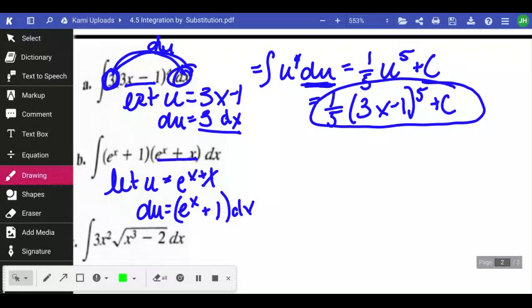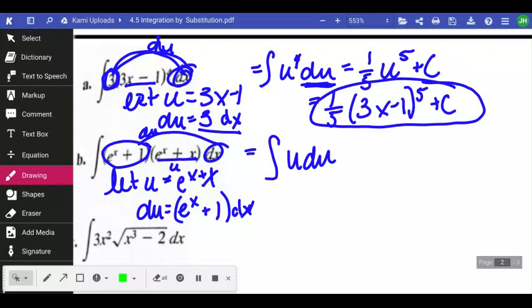So this guy will replace with u, and these two things together will replace with du. Okay, so then what will this integral be? Anyone brave enough? u du. It is u du. Awesome.